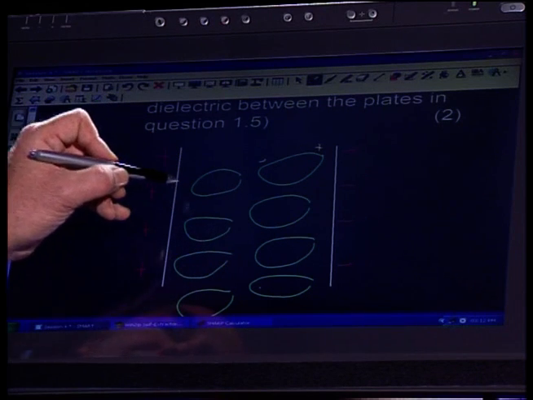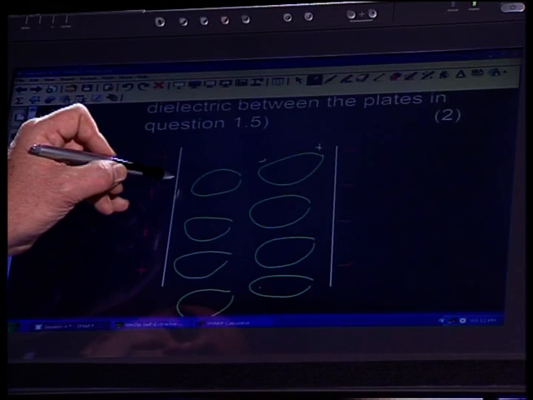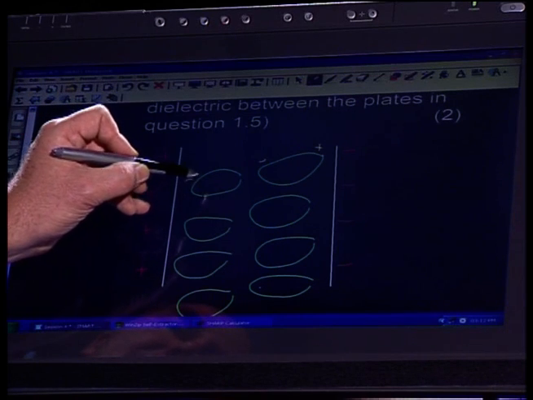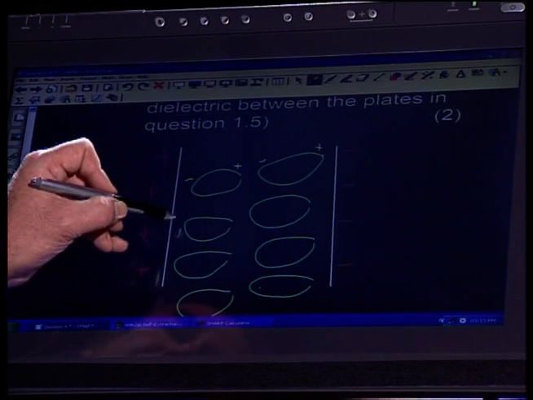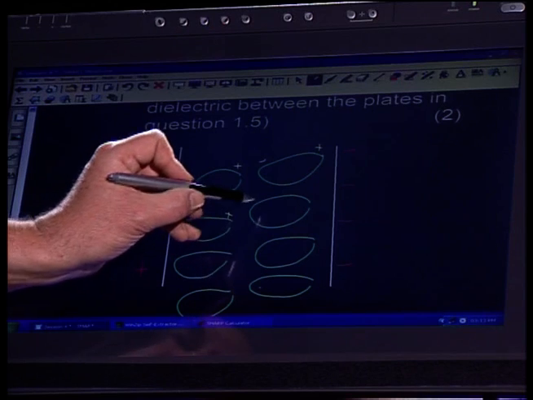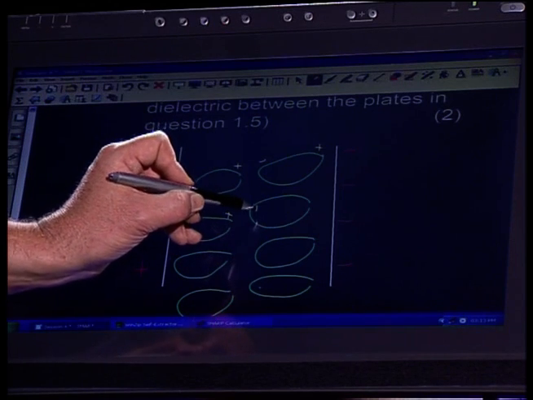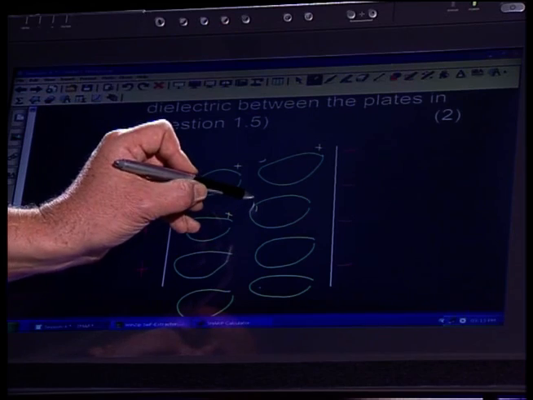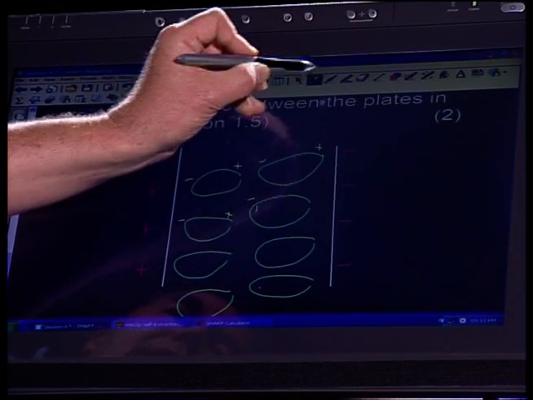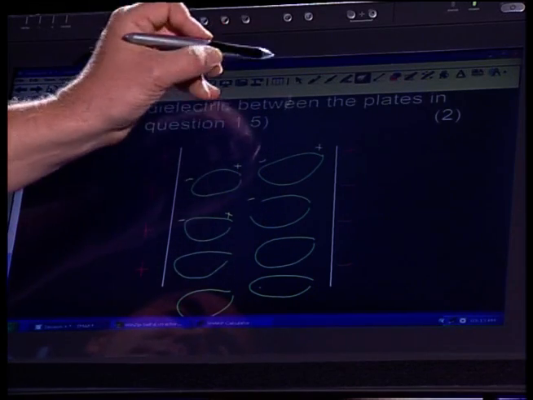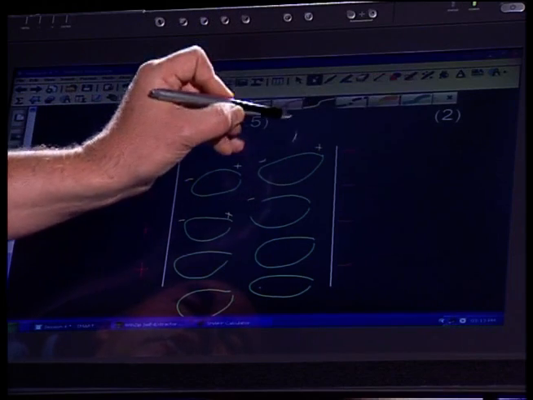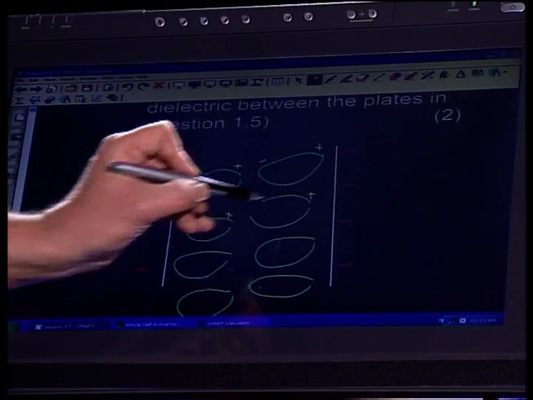In the same way, the electrons are going to be attracted on this side, and they're going to be repelled on this side. So notice what's happening. We're going to have a polarization within the capacitor.